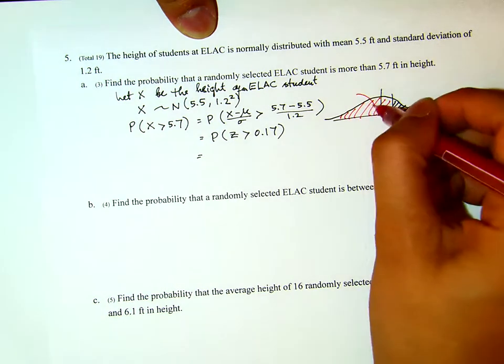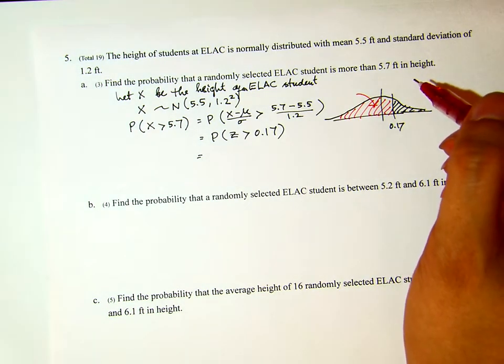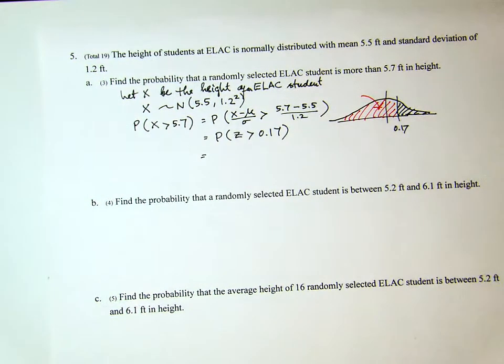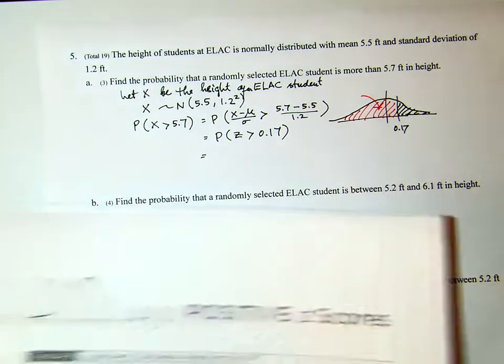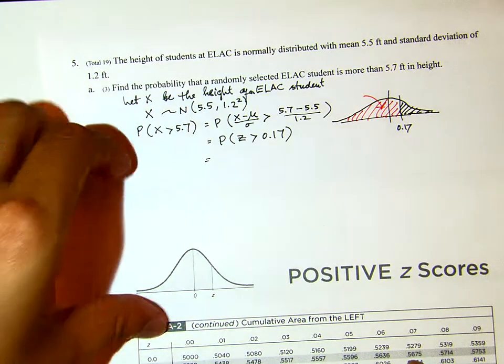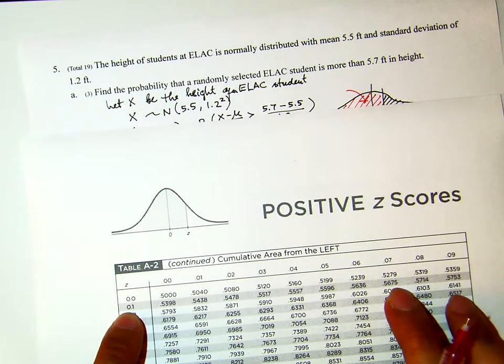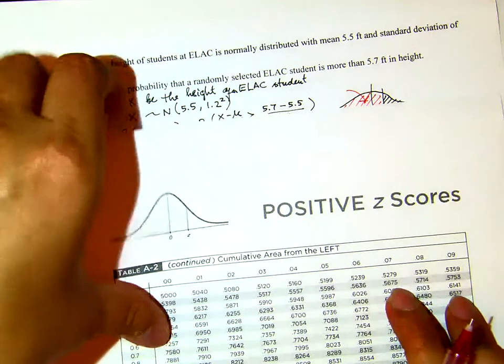Let's see from the table the area to the left of 0.17. That is 0.5675.